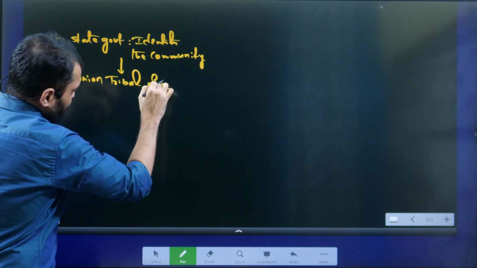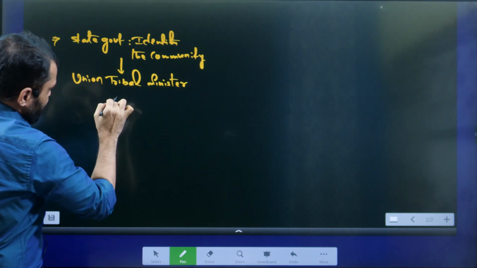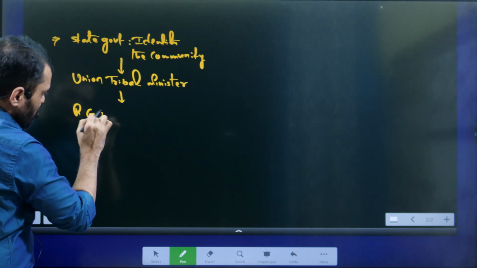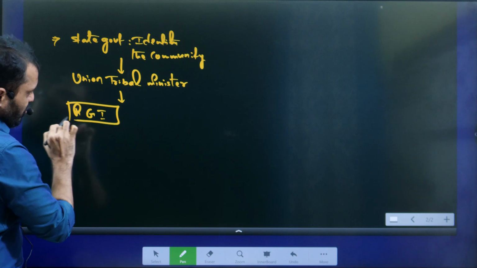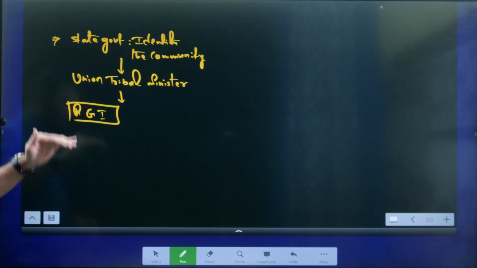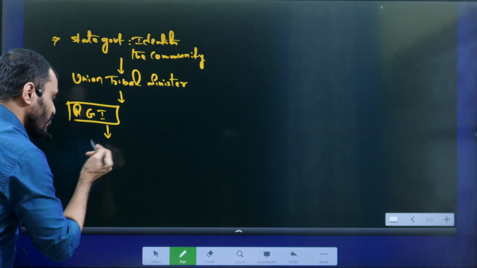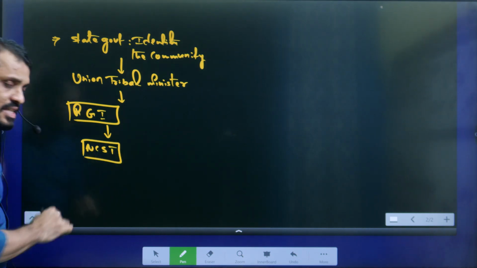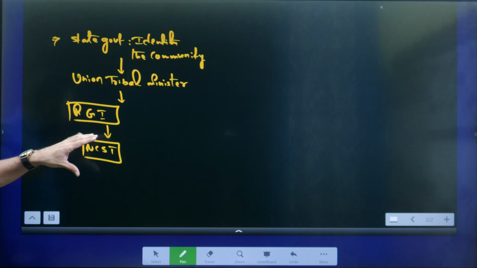The union tribal minister will send the proposal to the Registrar General of India. From the Registrar General of India, the proposal will be forwarded to the National Commission for ST. Listen carefully, National Commission for ST.